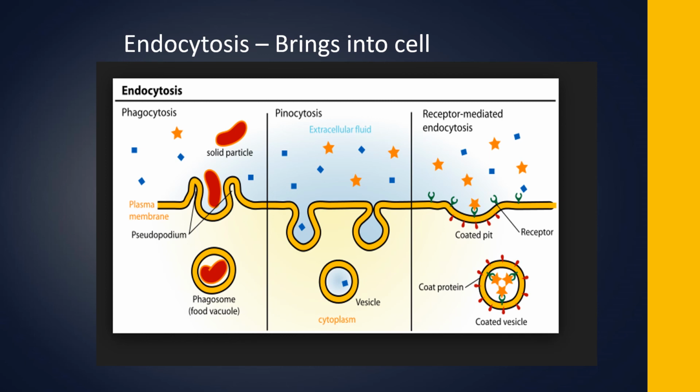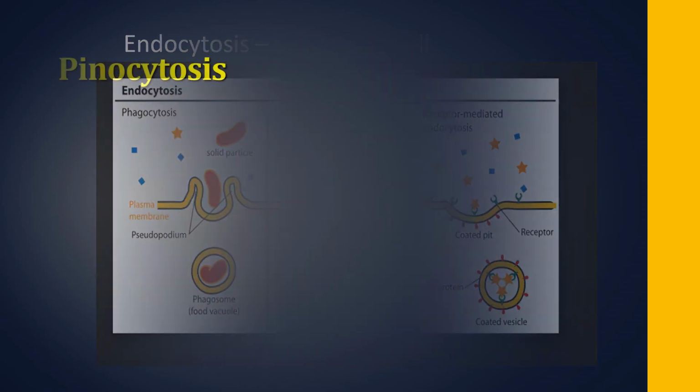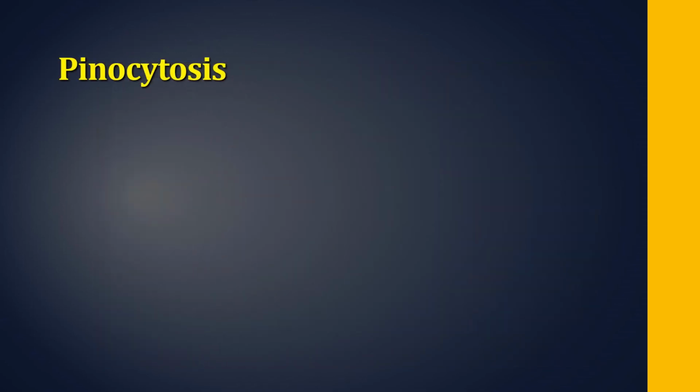The substance that is shown in the figure is actually being engulfed and enclosed by a portion of the cell's membrane. The membrane then pinches off inside of the cell, and the resulting vacuole with its contents moves to the inside of the cell. Let's look into this process in endocytosis.